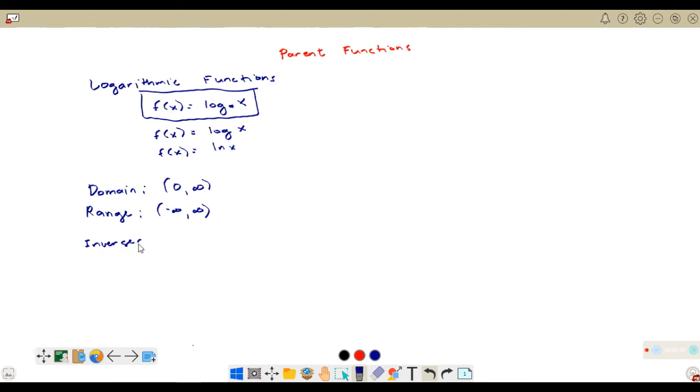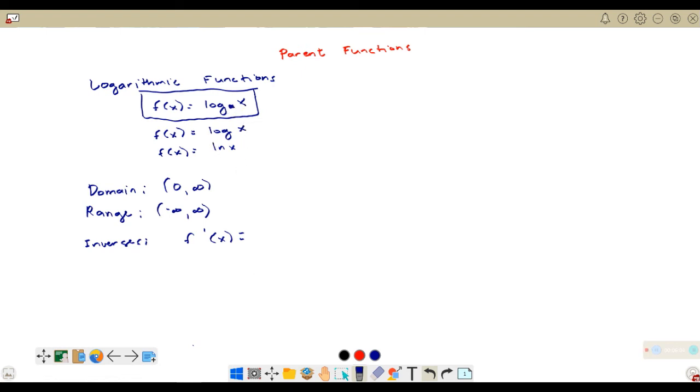We already discussed this when we talked about exponential functions. We know that the inverse of the exponential function of the form a raised to x is logarithm of x with base a.